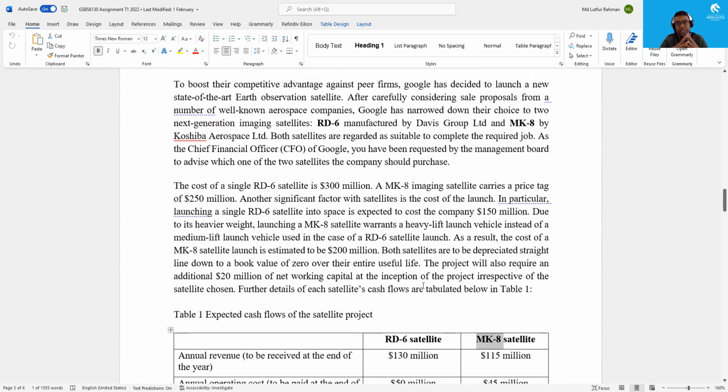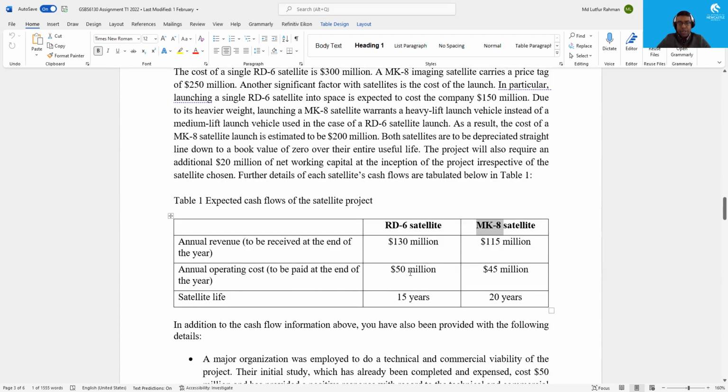Both of these satellites have similar features in terms of providing the services, but they differ in terms of initial investment. Initial investment means the cost of satellite and launching cost, and these are their annual revenue, operating costs, and the project life. In addition to this information, we have some additional points here.